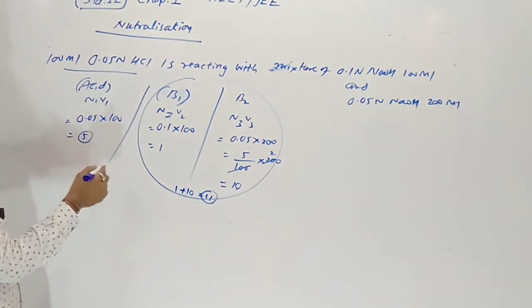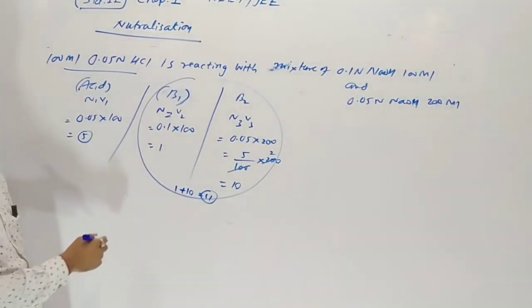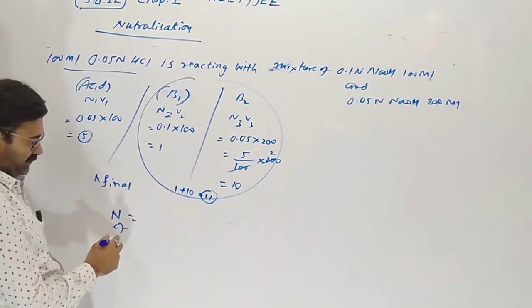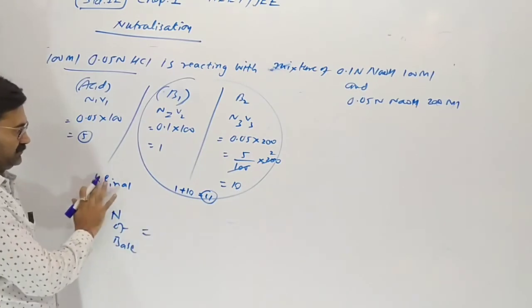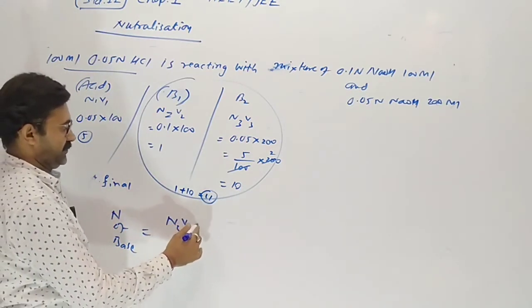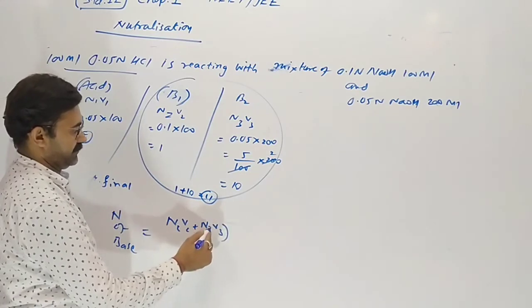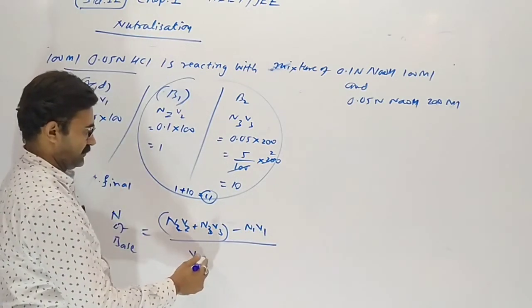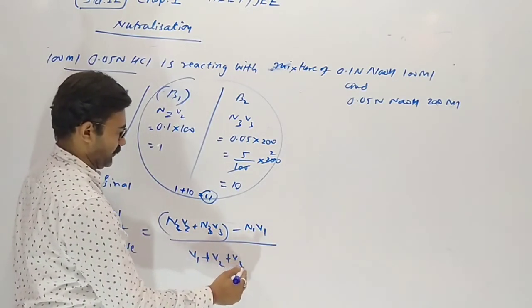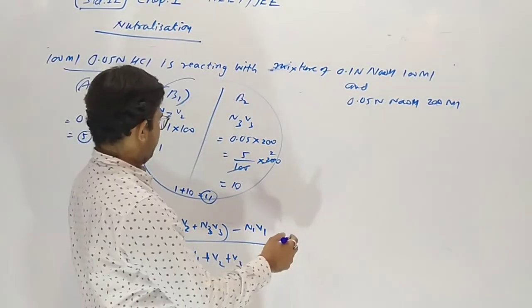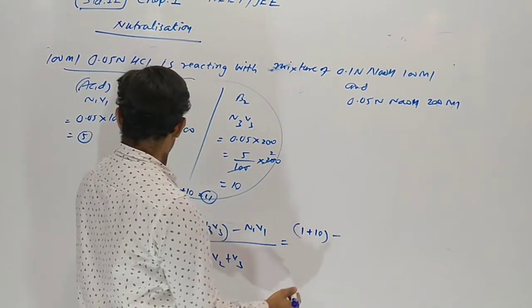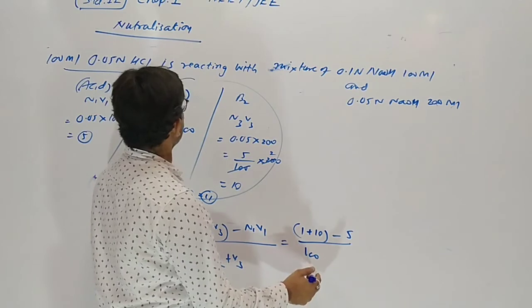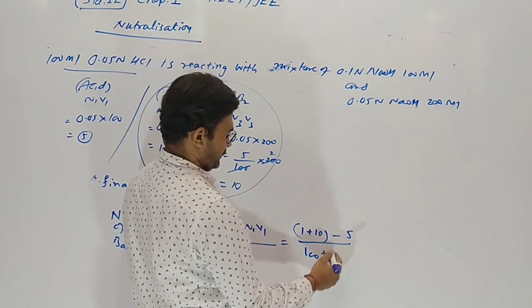The acid is less, so our final solution will be basic. So the final normality of the base: N2V2 plus N3V3, the two bases added, minus the lower value, upon V1 plus V2 plus V3. So 10 plus 10 minus 5 upon 100, 100 and 200.